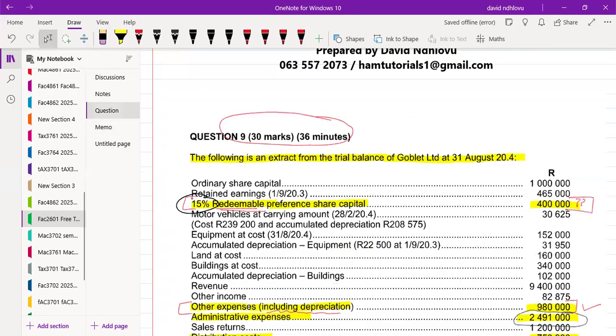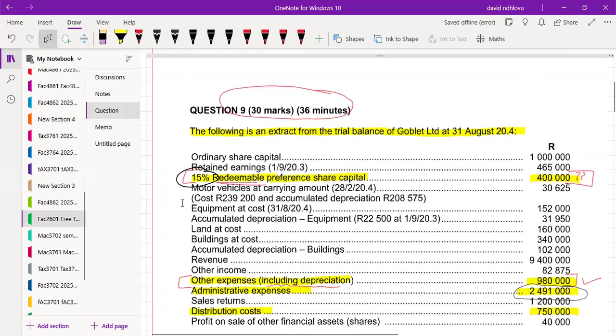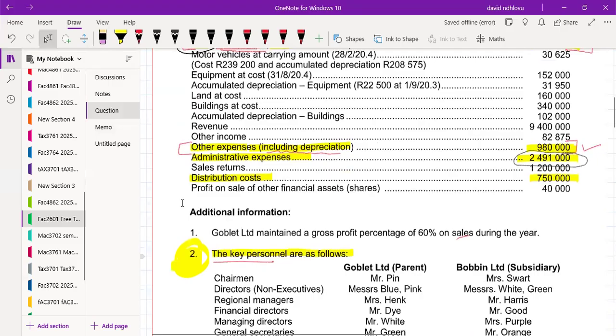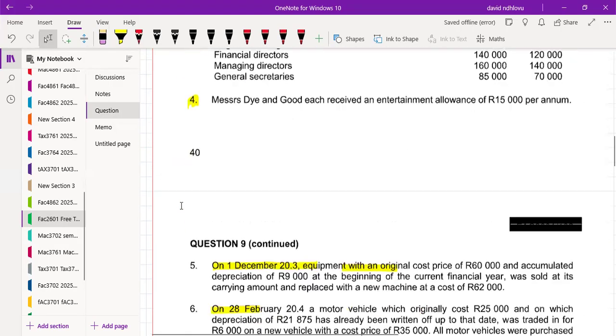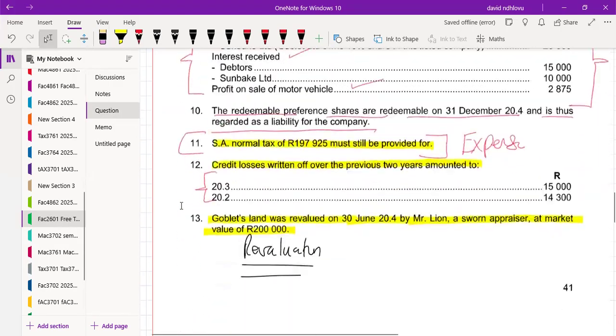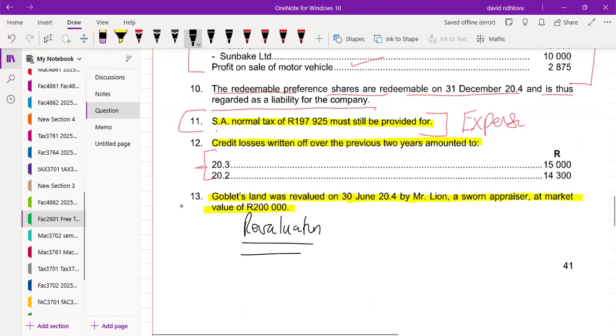Then you go to the information provided. You want the income tax expense. Sometimes it is shown on the trial balance, sometimes it is not. But the good thing is at this level, you don't calculate. You deal with income tax in that level. So here you just copy the figure as given. So the SA normal tax of 197,925 must still be provided for.